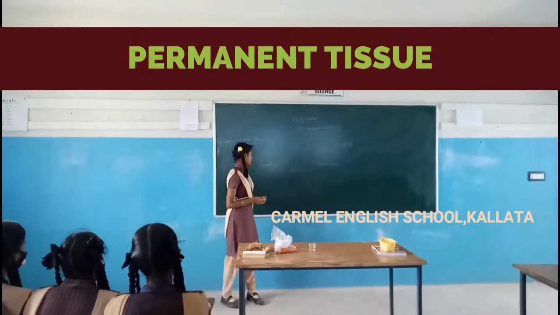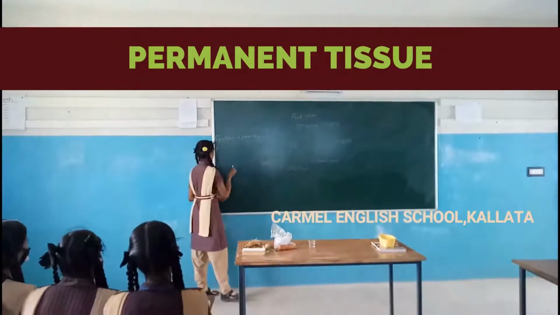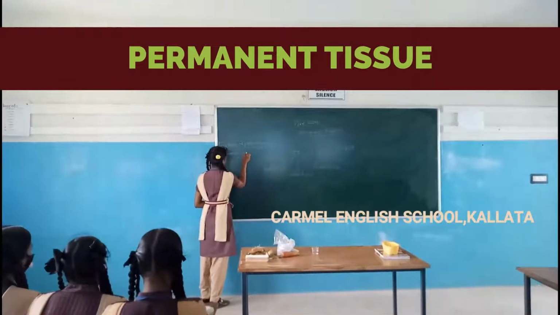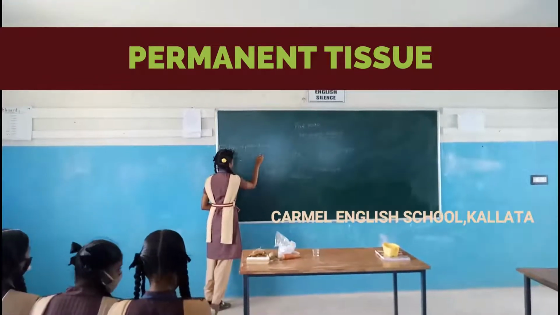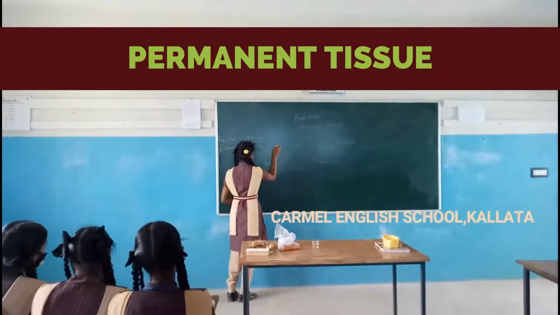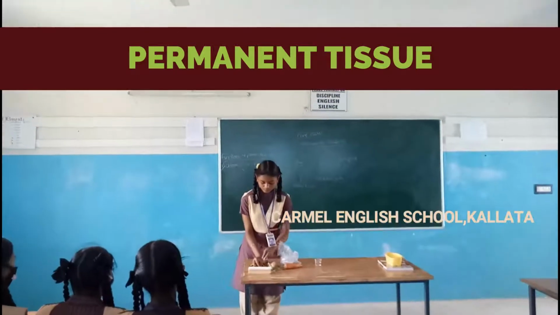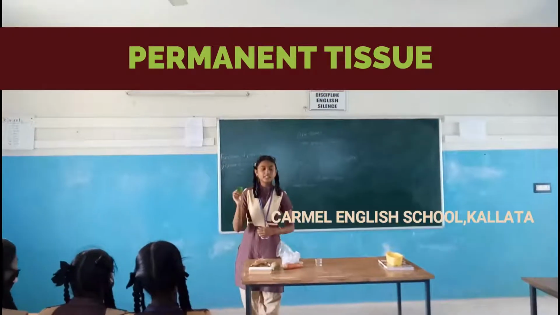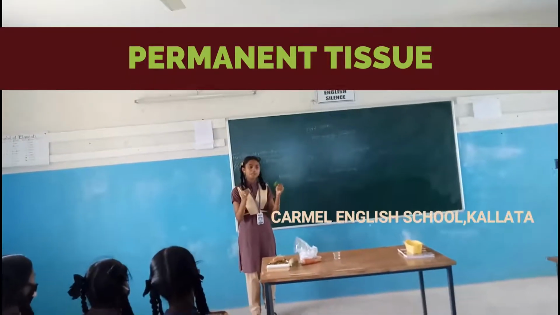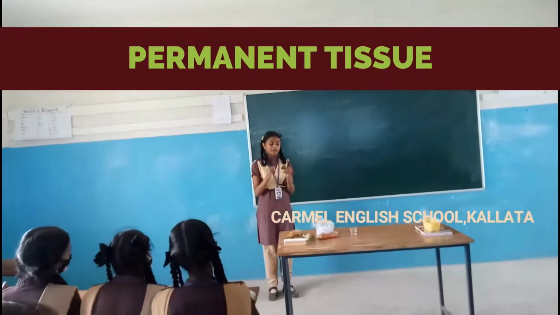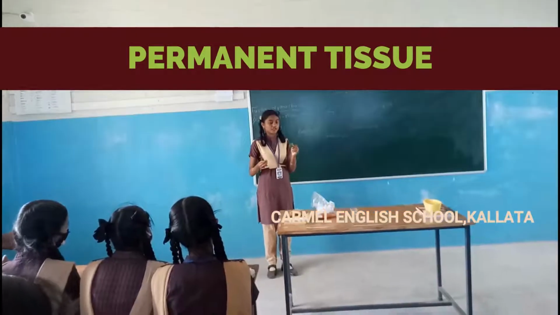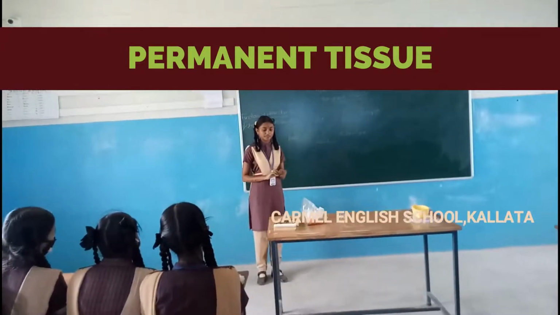So parenchyma is also called chlorenchyma. This is a leaf. In a leaf, parenchyma is also present because parenchyma contains chloroplast and carries out photosynthesis, which helps the leaves.